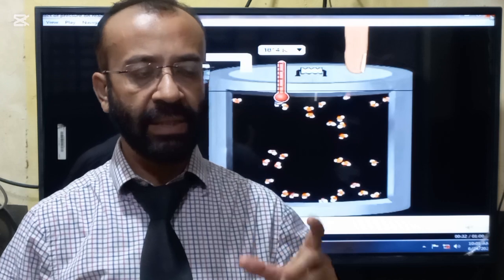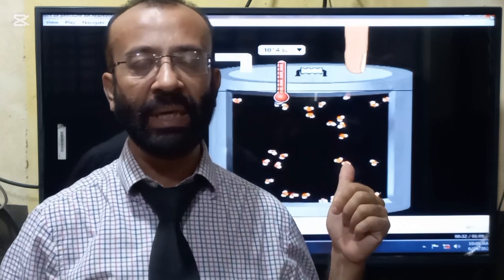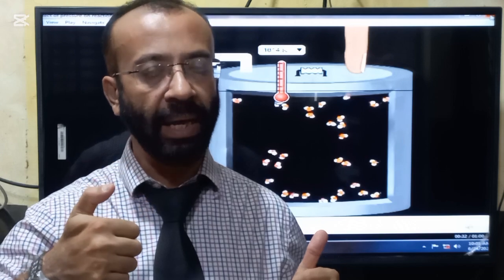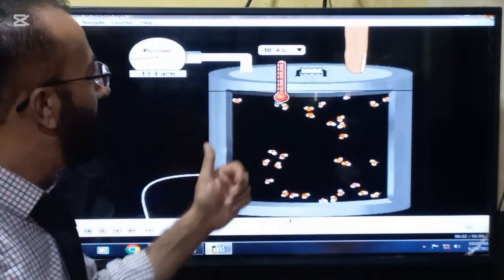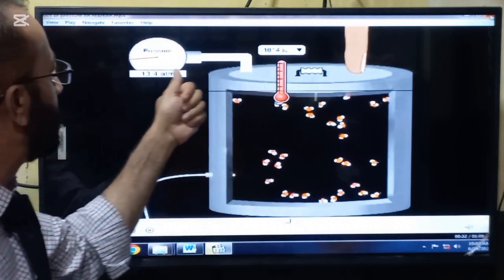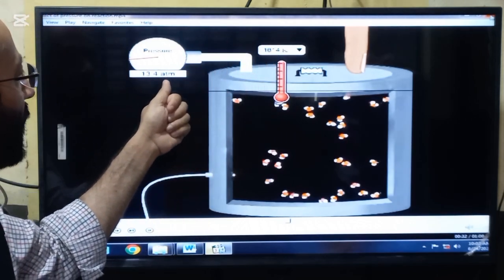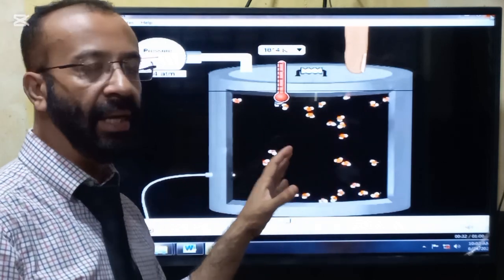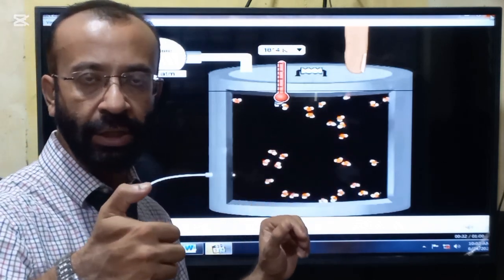Likewise, the rate of the chemical reaction can be obtained by recording the time. So look now, here is the pressure that is measured, that is 13.4 atmosphere. Whatever time is taken to complete the reaction will be recorded.